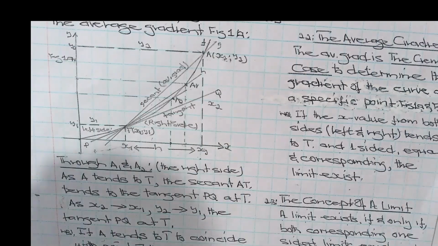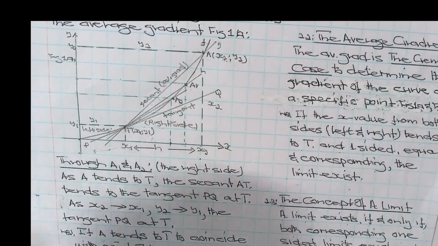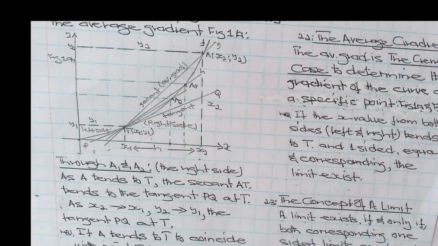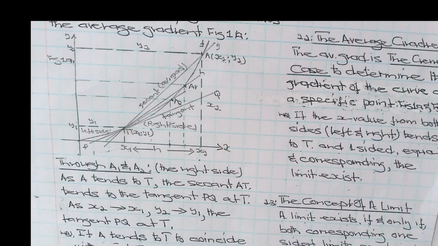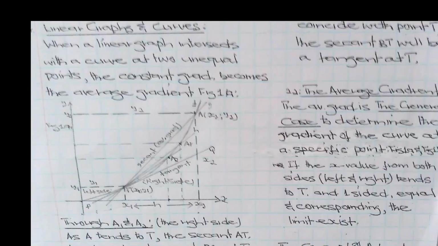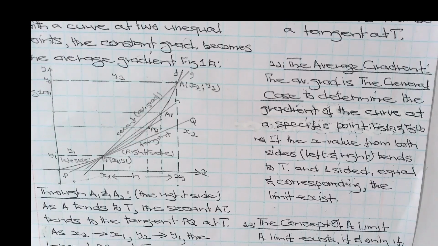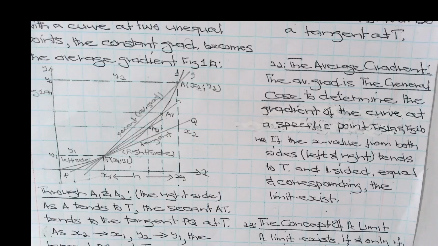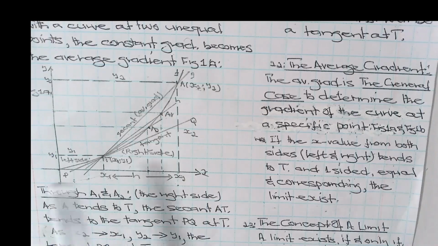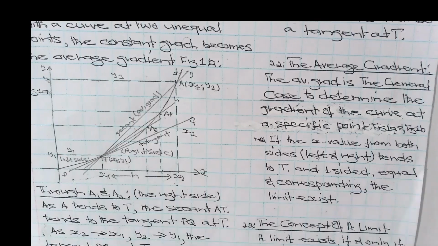The gradient of the curve is determined by the gradient of the tangent, the limit point. When you talk of limits, you are talking of the gradient of the tangent of the curve at that particular point. It's the gradient of the curve at that point T. It can be anywhere.